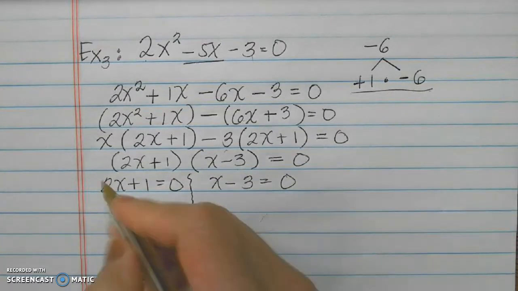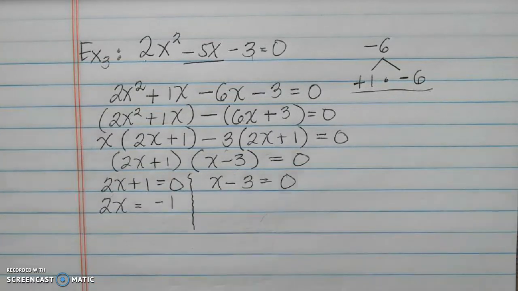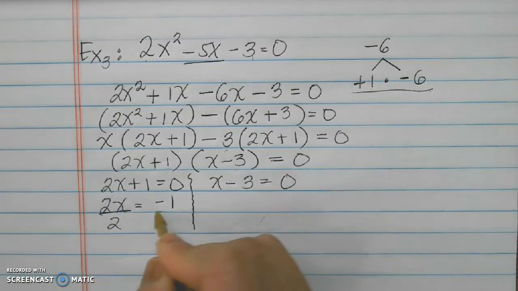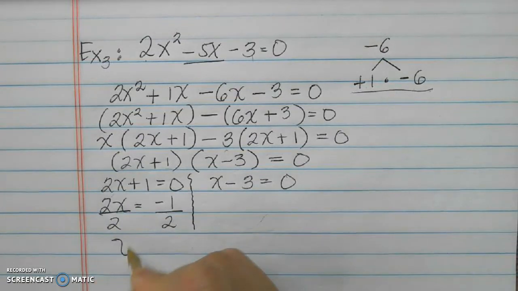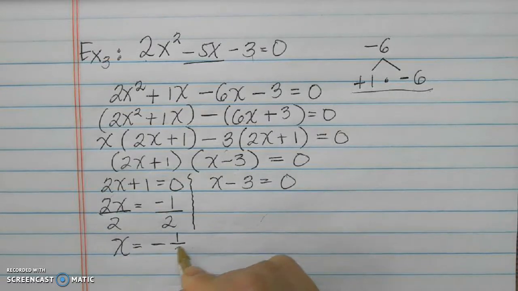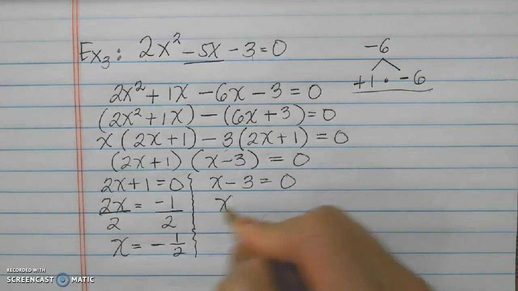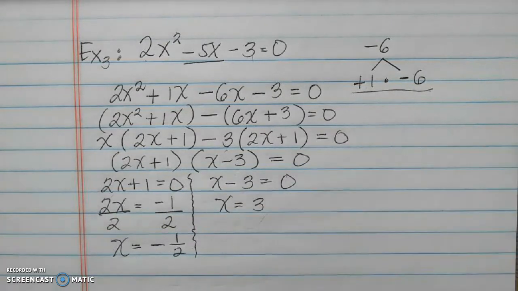So here it's going to become 2x equals negative 1, because the 1 goes to the other side. We divide both sides by 2. So x is equal to negative 1 half. On this side, your x is equal to positive 3. That's just one step.